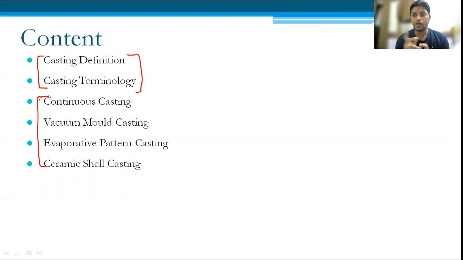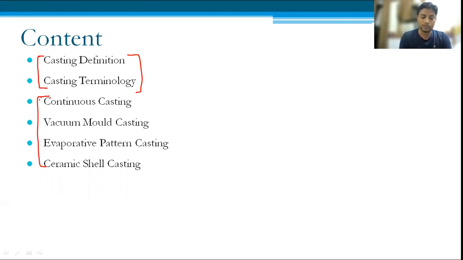Second, if we have to produce elements of large section, complex geometries, or in batch production, then we can use these advanced casting processes.